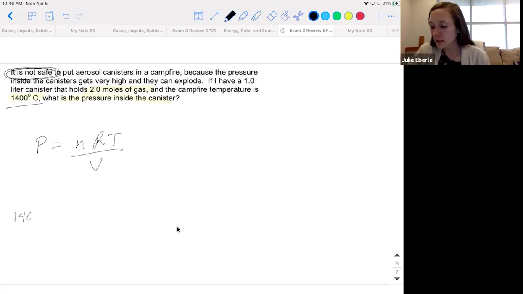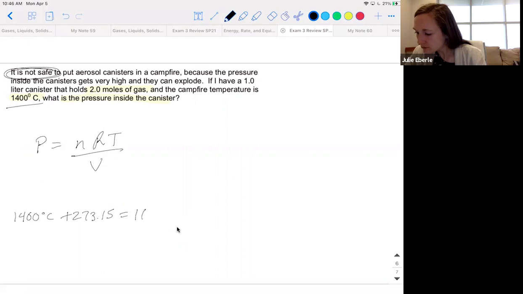So you do 1400 degrees Celsius plus 273.15, and you get 1673.15 Kelvin. And then you have liters and you have moles, so you're good. So then you just plug it all in.